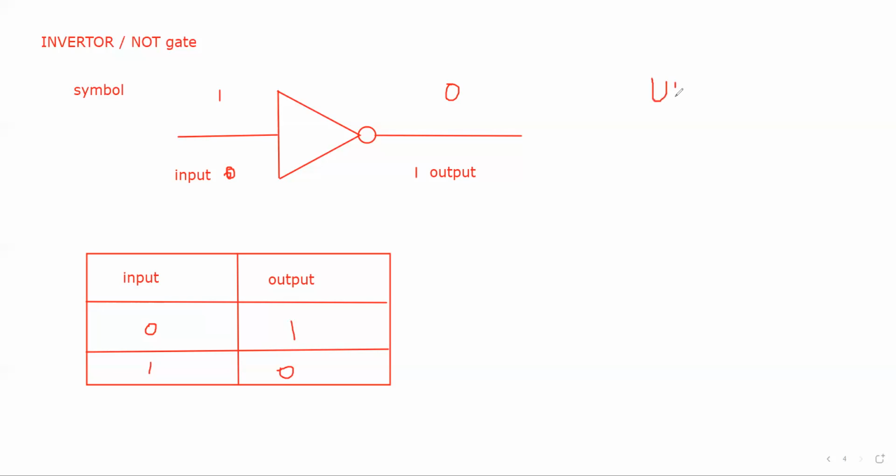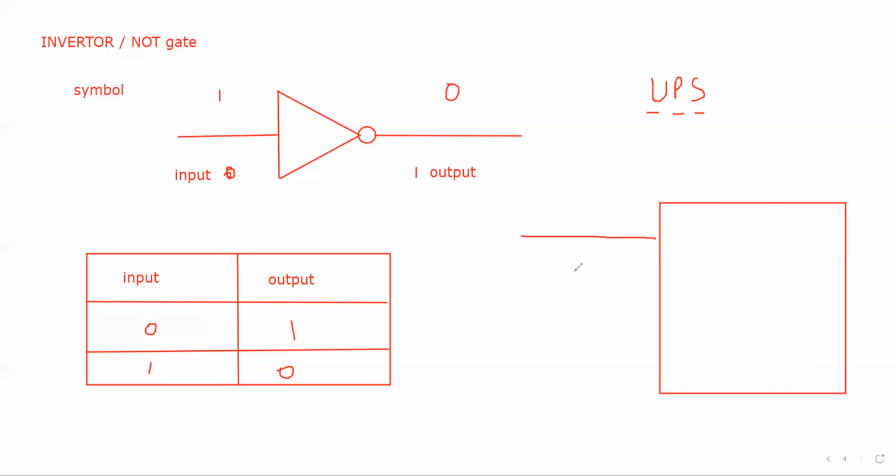Maybe you have heard of a UPS, uninterrupted power supply. So what is a UPS? How does it work? For example, if this is your house, and you are receiving electricity from the power supply company.